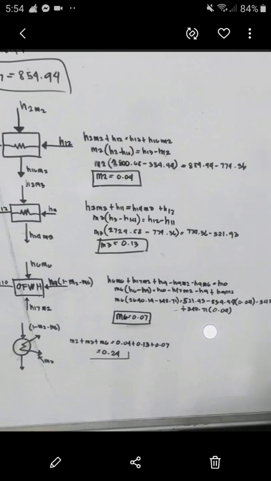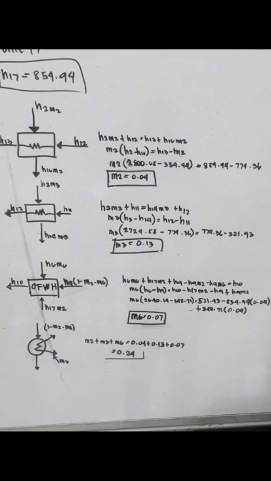So substitute all the givens. So we have the mass 6 is equal to 0.07.